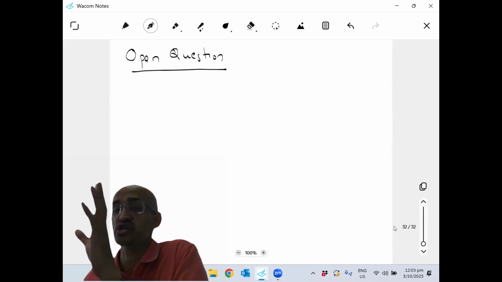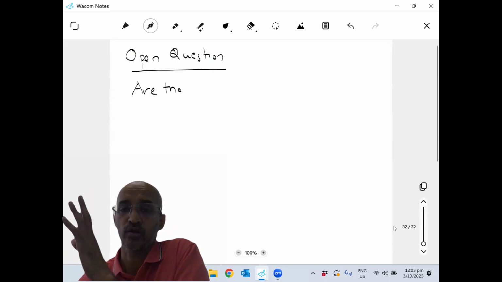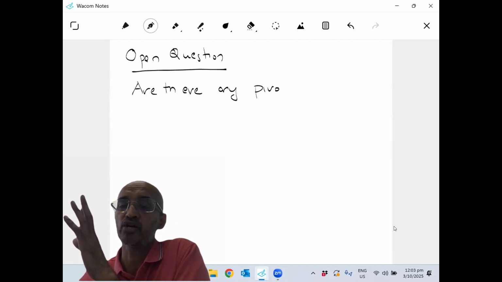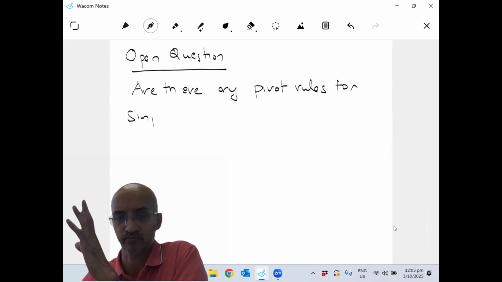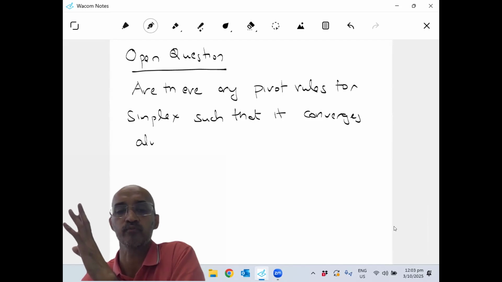So one open question here is: are there any pivot rules for simplex such that it always converges in polynomial time?